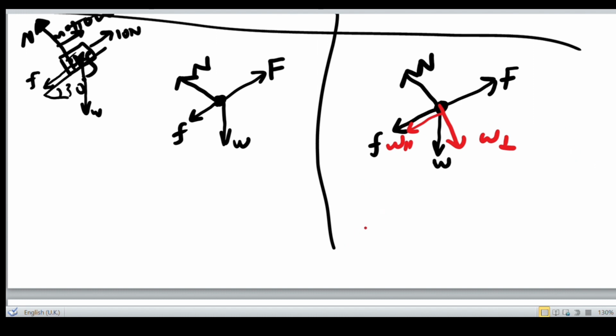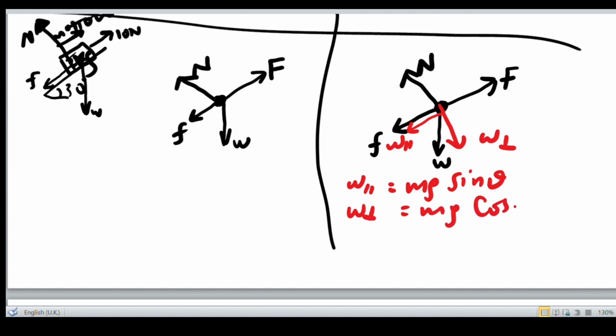So the weight parallel is calculated by mg sine theta. And the weight perpendicular we calculate by mg cos theta.